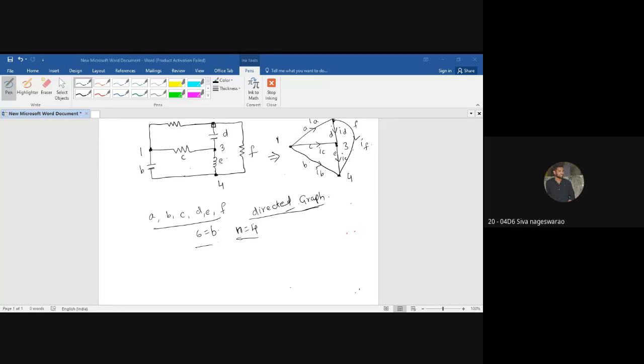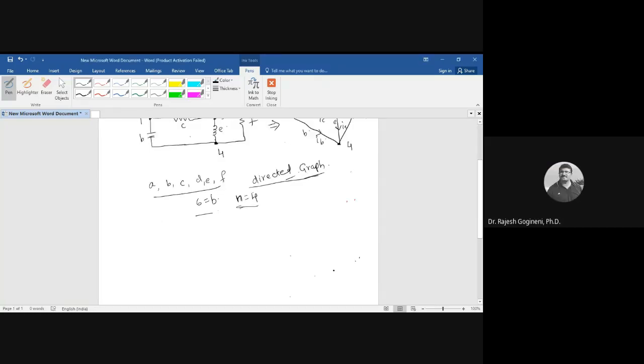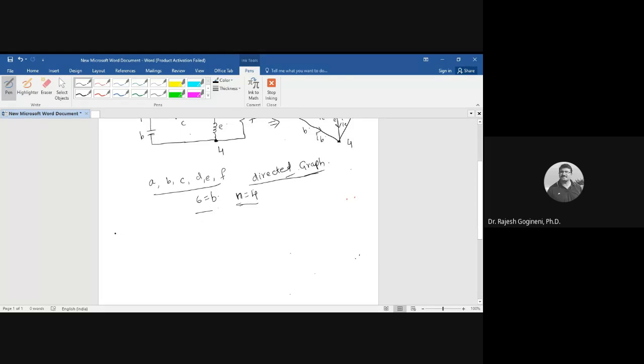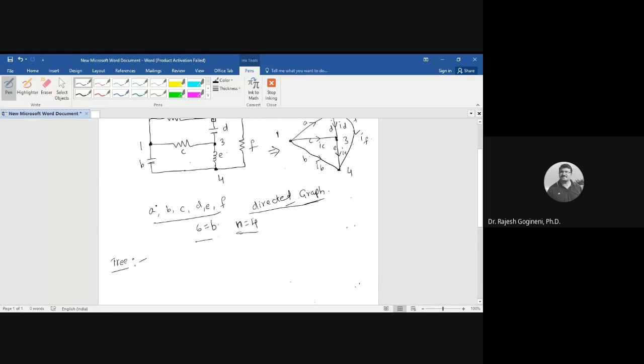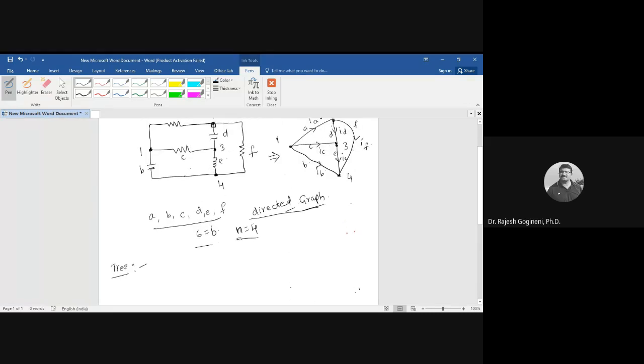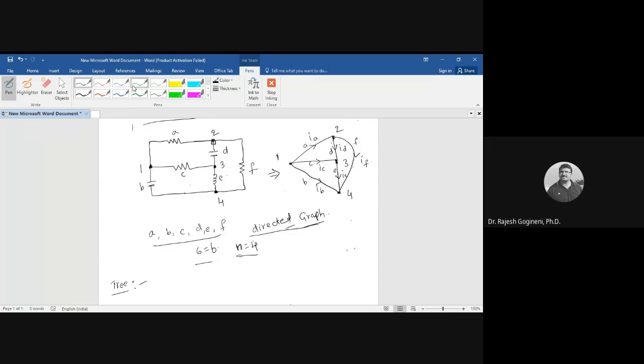Yes, sir. Yeah, now we'll see what is a tree. What is a tree? So a tree is nothing but a subgraph. So this is the graph. Actually, we have seen this is the graph of a network. The subgraph consists of all the nodes of this graph, but there should not be any closed loop.